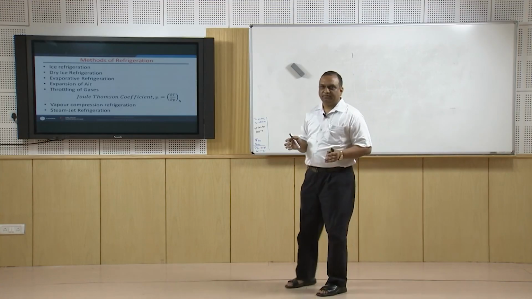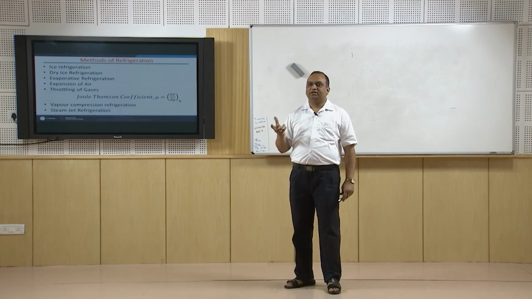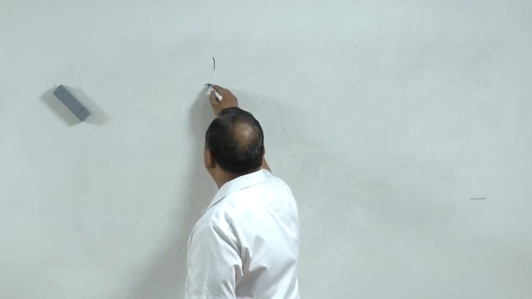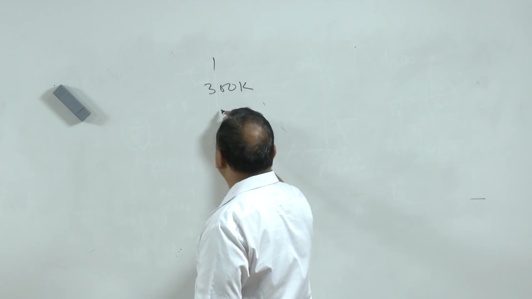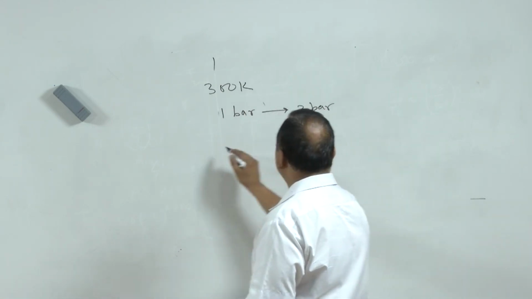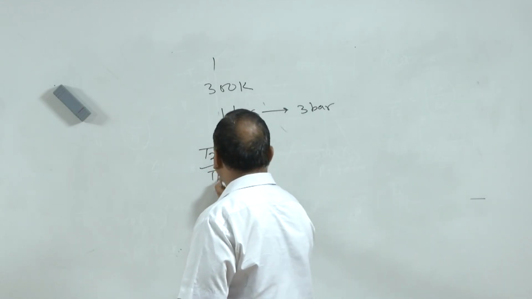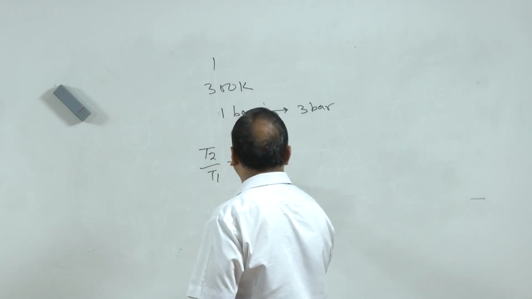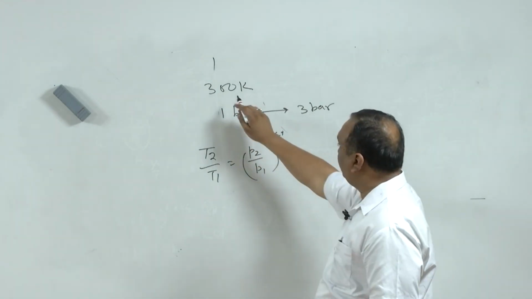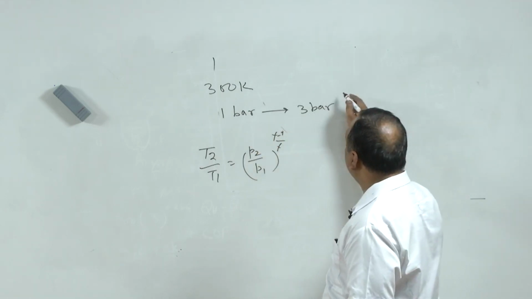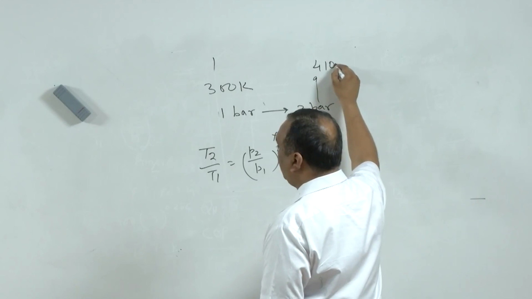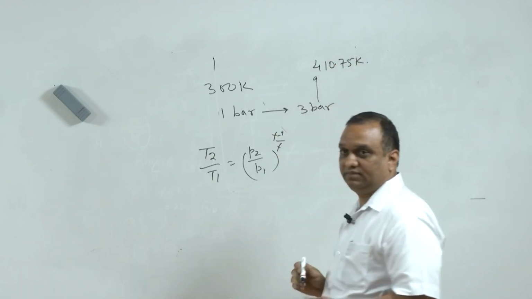Now, expansion of air. Suppose we take air at 300 Kelvin, that is 27 degrees centigrade, and pressure is 1 bar, and pressurize it to 3 bar, using the relation T2 by T1 is equal to P2 by P1 raised to the power gamma minus 1 over gamma for air. If it is isentropically compressed to 3 bar, the temperature will become 410.75 Kelvin, right.